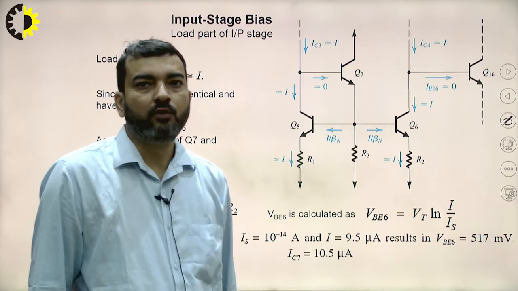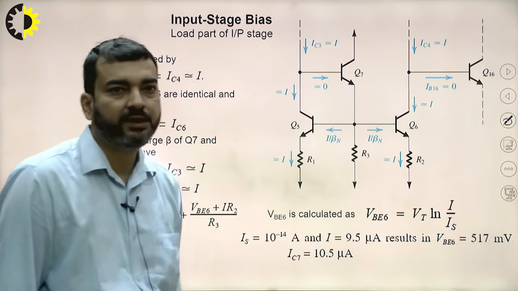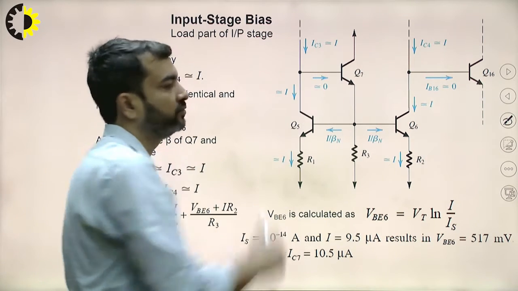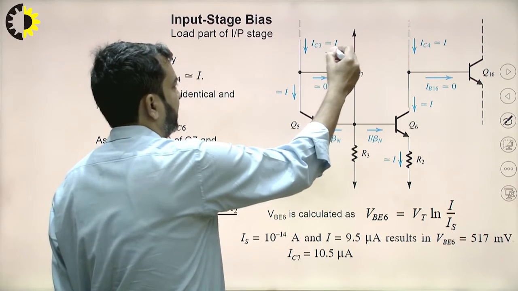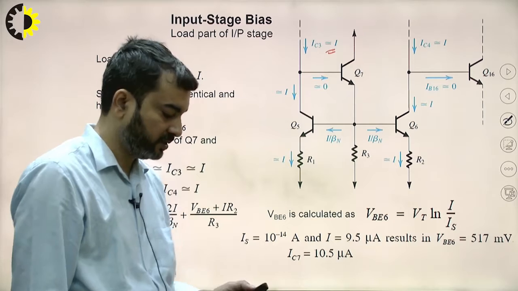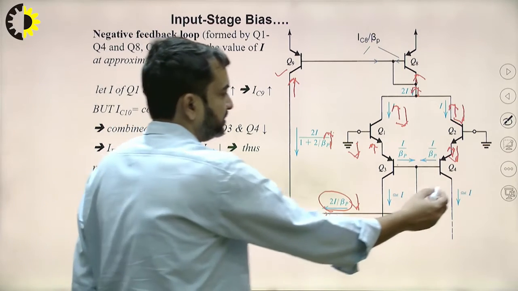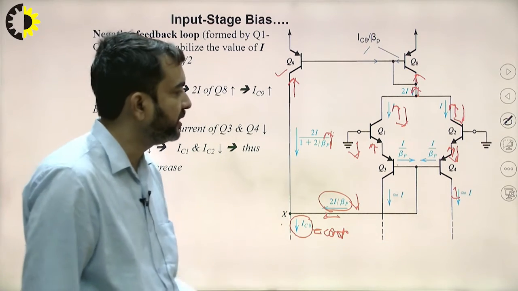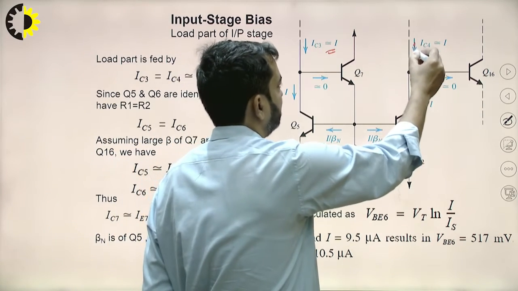Now coming to the load side of the input stage. The load side of the input stage consists of transistors Q5, Q6 and Q7. Here this is current I which is coming out of transistor Q3, and this is current I of transistor Q4, this branch.